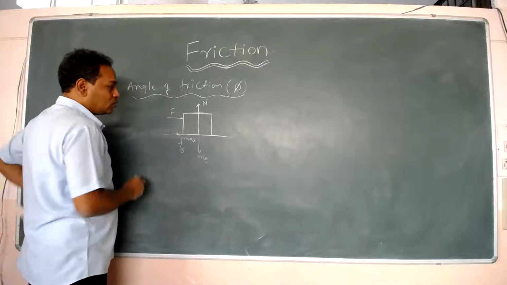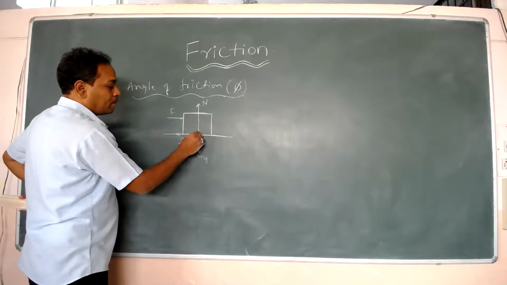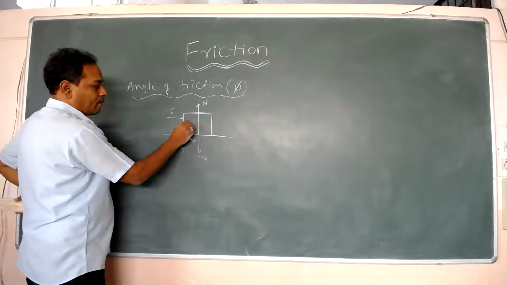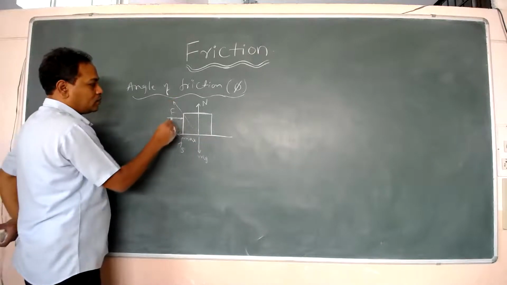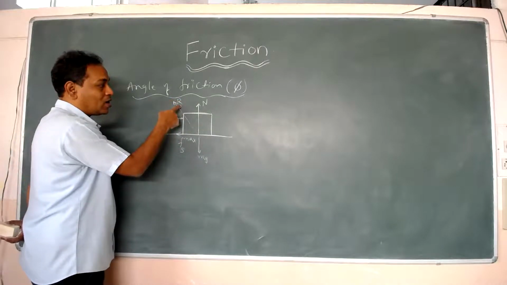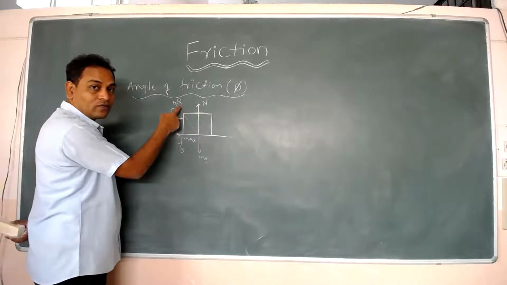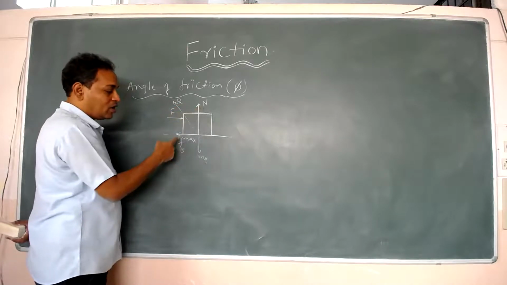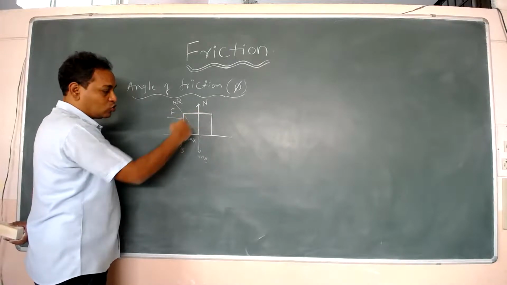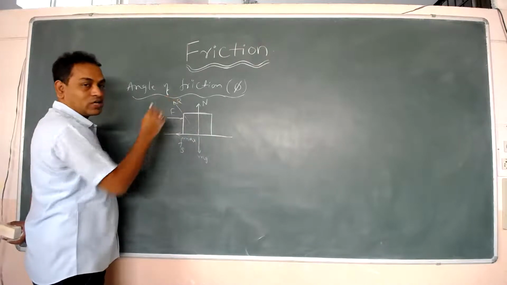Suppose this is the applied force. Here I am calling it R. R is the resultant of the normal reaction and the maximum static friction.